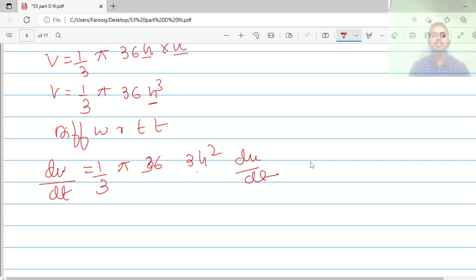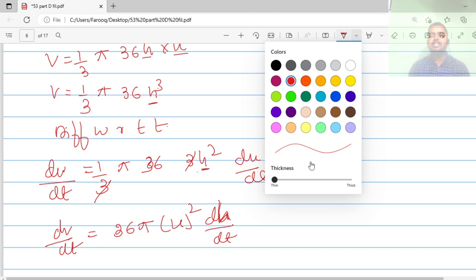The 3 cancels. Now dV by dt is equal to 36 pi, H square means 4 square, dH by dt.